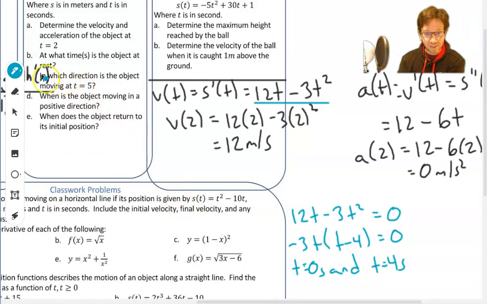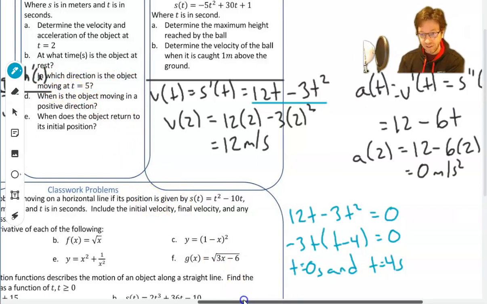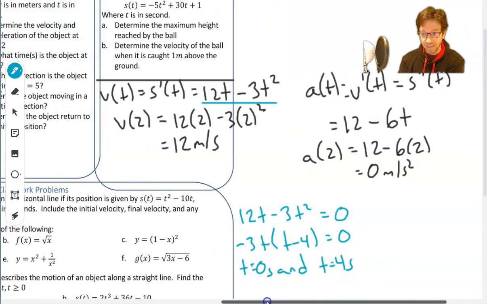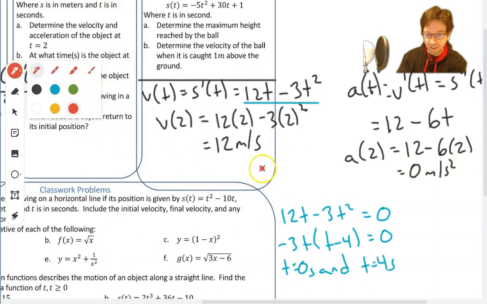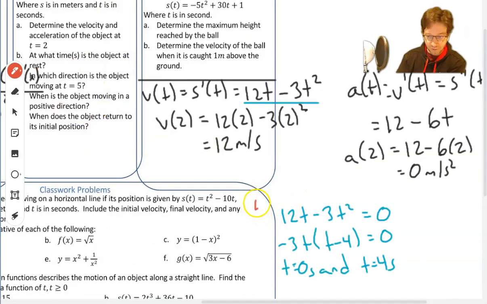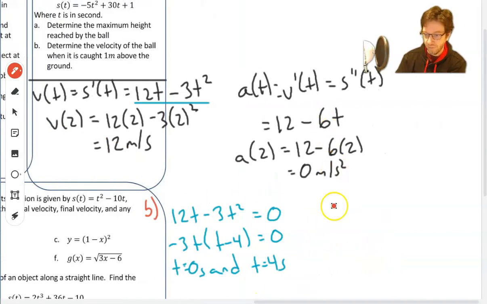Next question says, in which direction is the object moving at t equals 5? Okay, so if you want to know direction, then we have to look at velocity again. So this was B, and let's go do C. So we're going to figure out what the velocity is at 5.